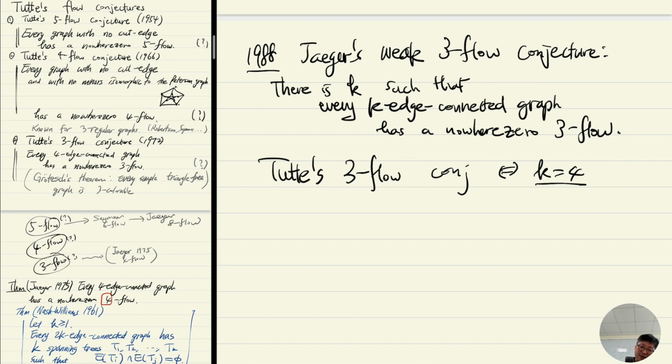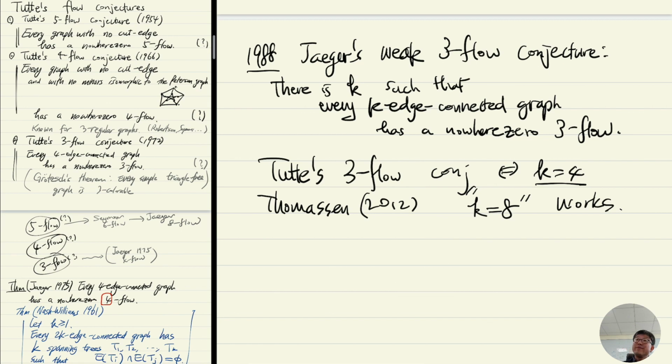And recently, Carsten Thomassen, the same person who proved the 5-list-coloring theorem, proved that K equals 8 works. So every 8-edge-connected graph must have a nowhere-zero 3-flow.